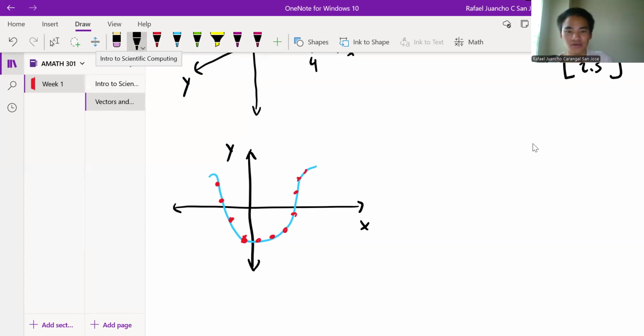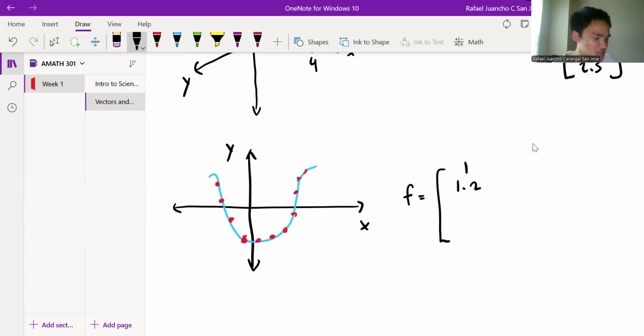And we can actually say, let's say this is the F vector. And we have a bunch of points here that we can say about. So let's say this is a vector that contains these points, 1.1, 1.1, 1.2, 1.3. Let's just say this is 1.1.